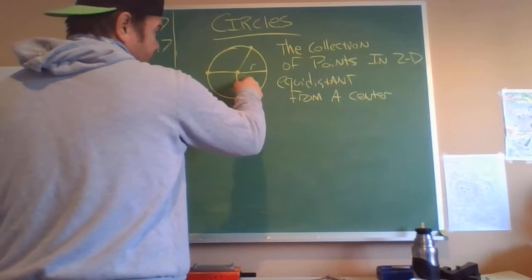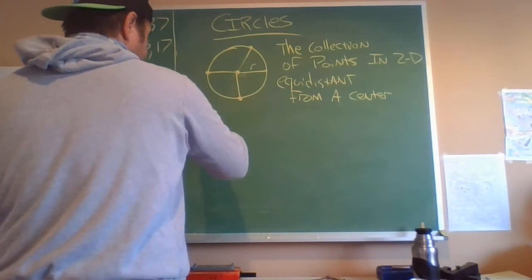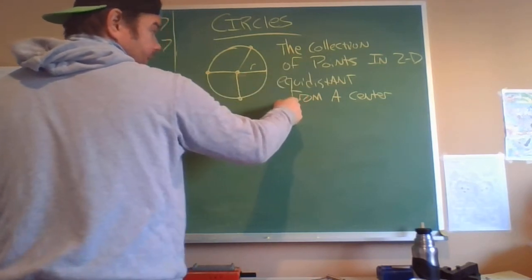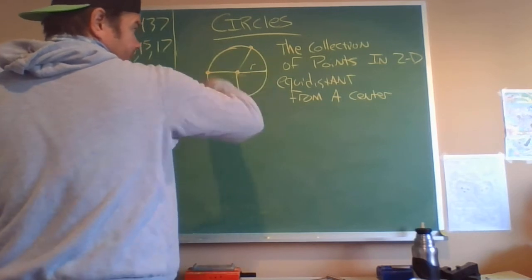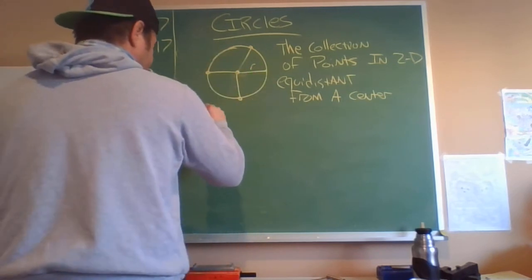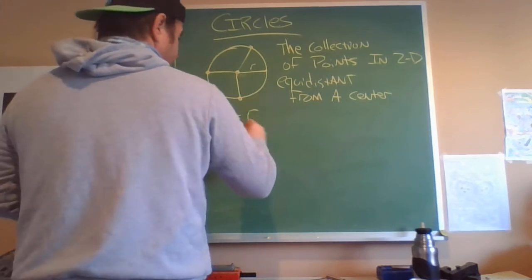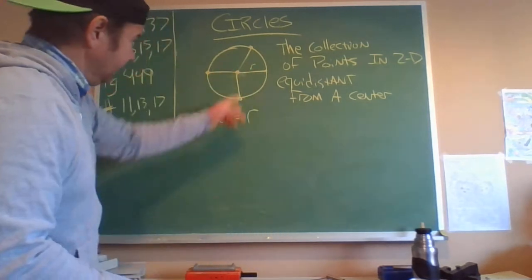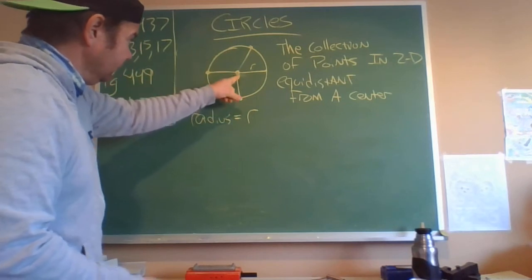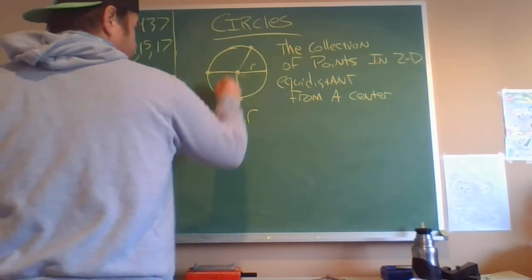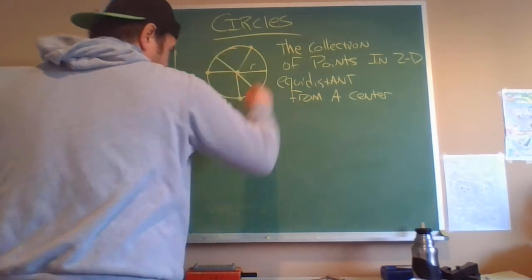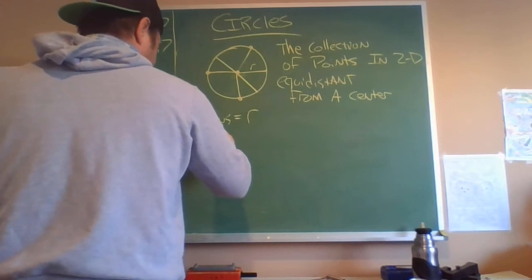Now, some things about the circle. The actual distance between the center and the circle is called the radius, that's the R here. The radius is the distance from the center to the circle. Now the diameter.